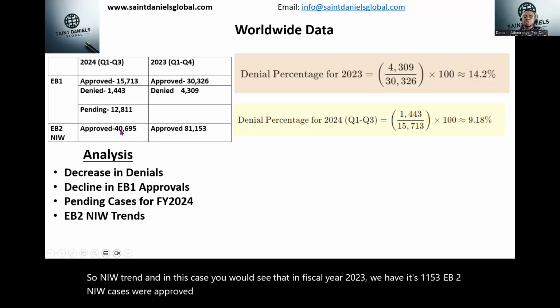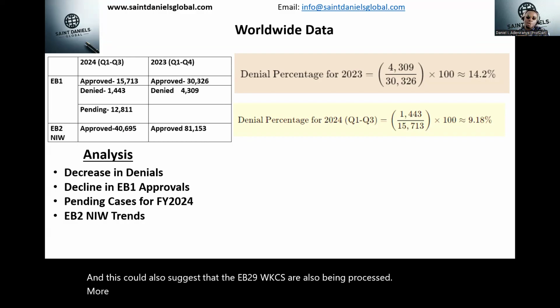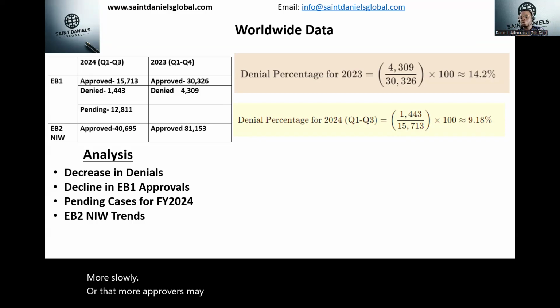But then in fiscal year 2024, as I said earlier, only 40,695 so far. And this could also suggest that the EB2 NIW cases are also being processed more slowly, or that more approvals may still come in quarter four.